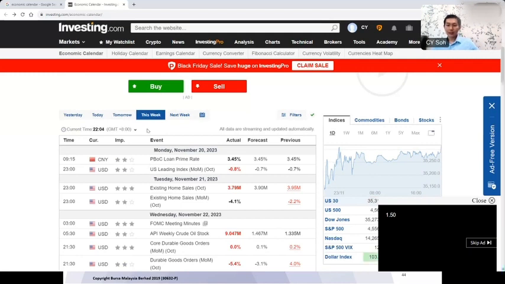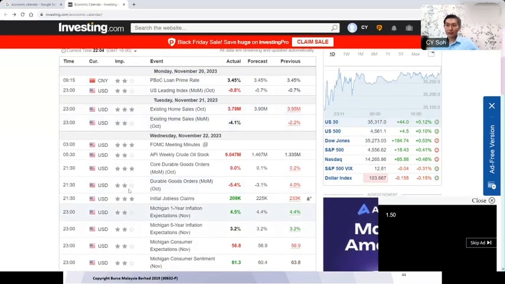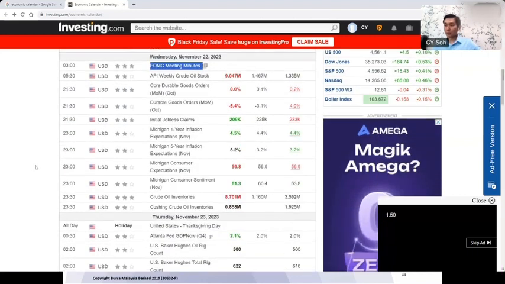So since today is already Thursday, you are able to see Monday, Tuesday, Wednesday data has already published. You can see one of the important things is actually FOMC meeting minutes, which is the US central bank, an important thing for you to look at.